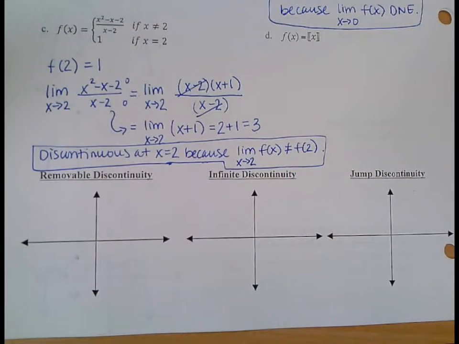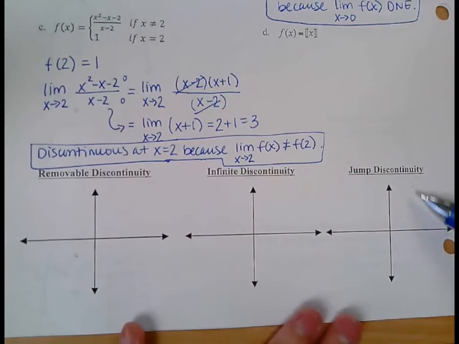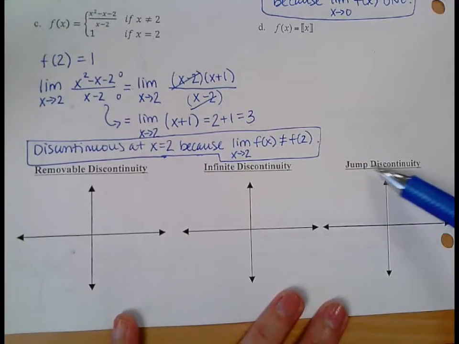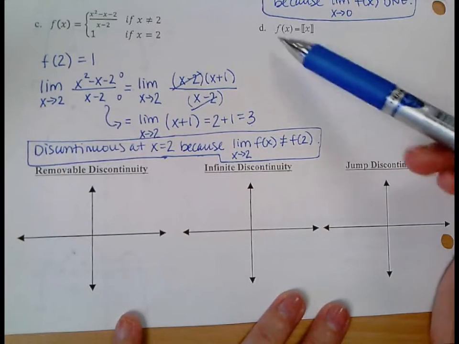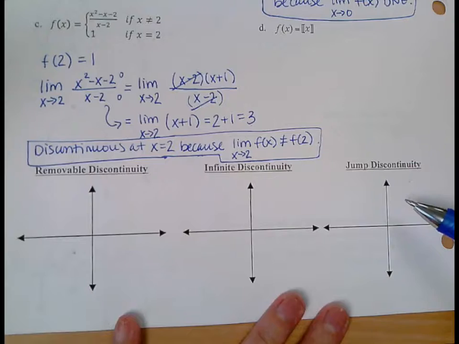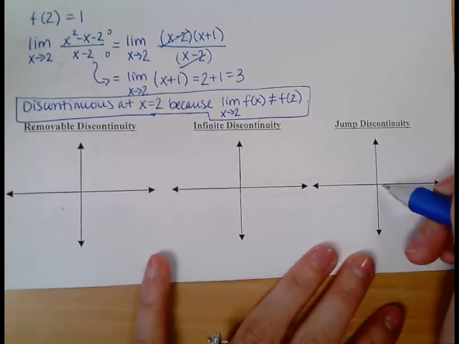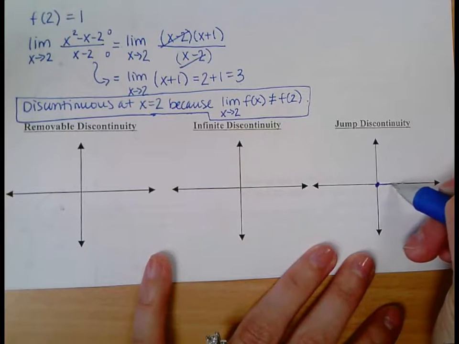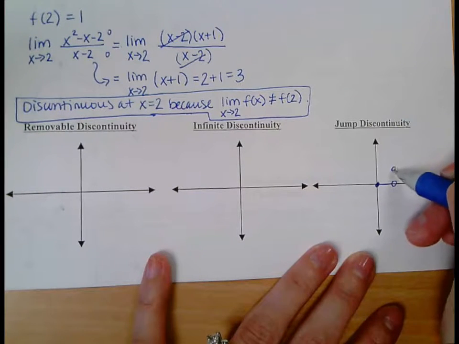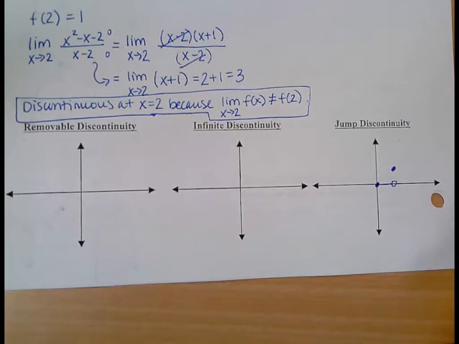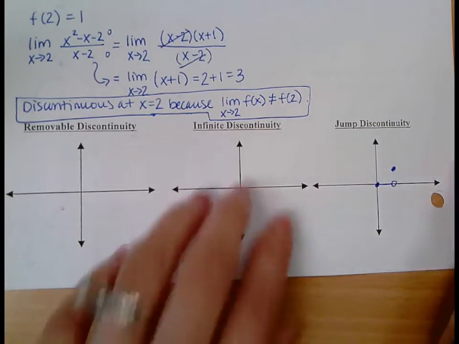We're going to talk about D. I'm going to go down to this graph where it says jump discontinuity. This is going to be an example of what's called a jump discontinuity, and I'm going to just sketch this graph. I think I included this graph on the other side as well.